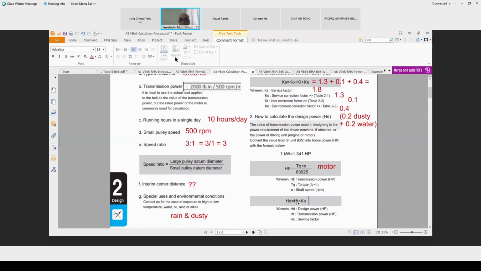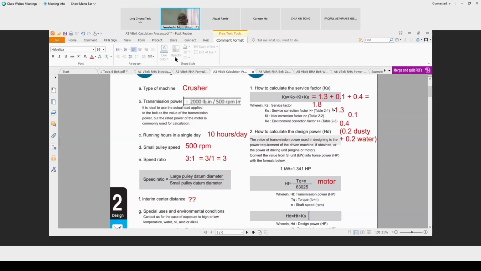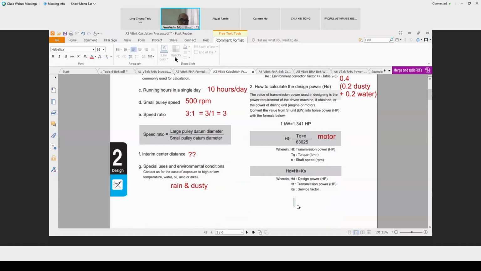Then the design will be times the service factor, which is 1. I give you around 2 minutes to calculate the power, and we get the H design here.